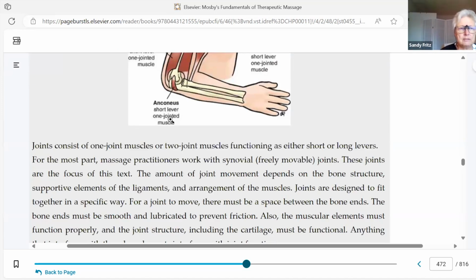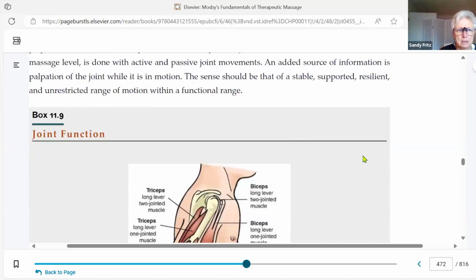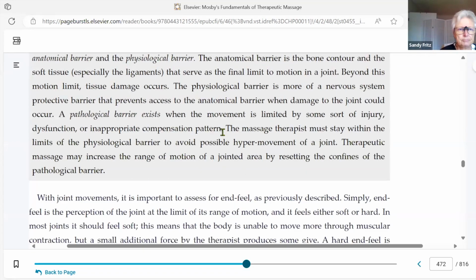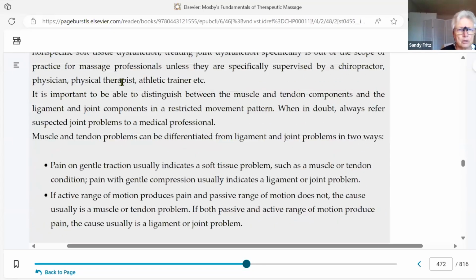Pay attention to this box, as always. And then this right here can give you an idea if it's more soft tissue related or if it is more joint capsule and inside the capsule related.